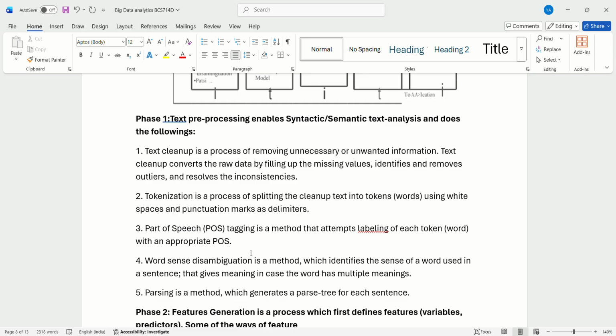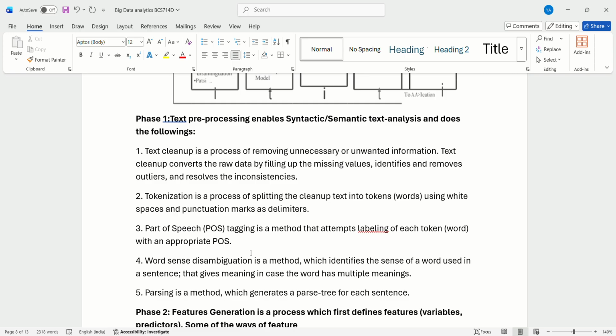That is, if there is a set of sentences, splitting them up into words and using a white space or punctuation marks as a delimiter to separate those words. Part of speech, POS tagging, is a method that attempts labeling of each token with an appropriate POS.